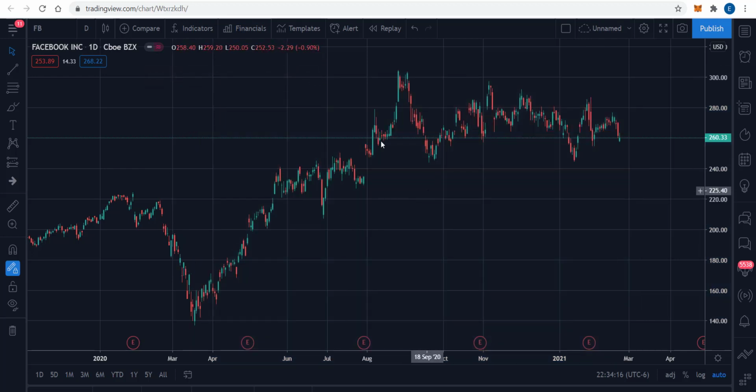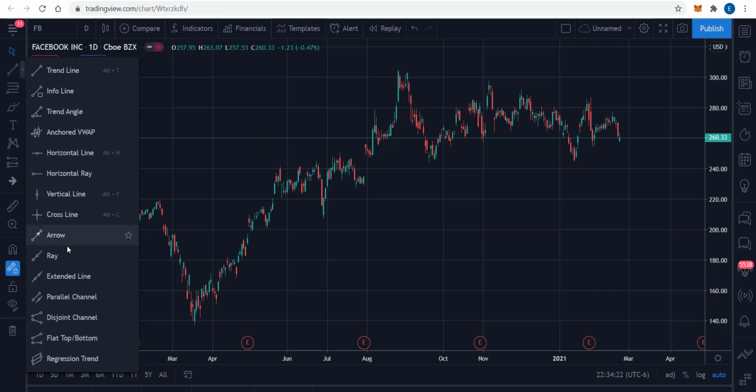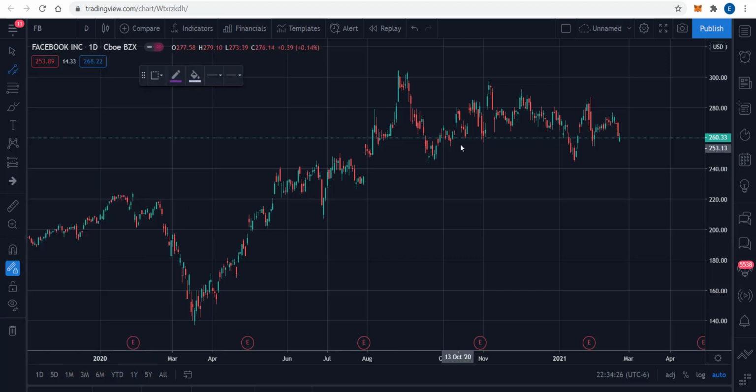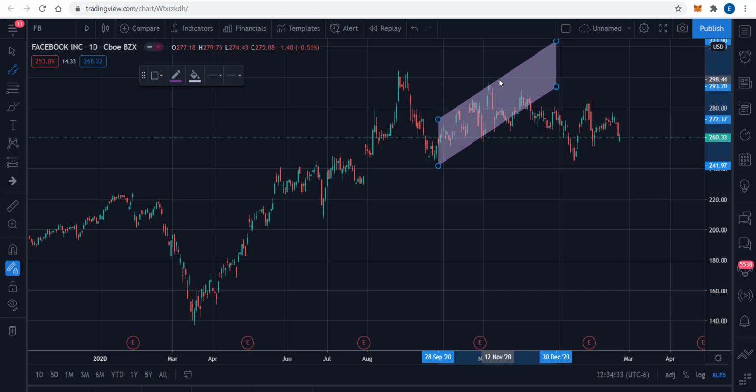So let's go ahead and draw some pretty lines, right? I love drawing visuals because it really helps. And my go-to visual is just the parallel channel.